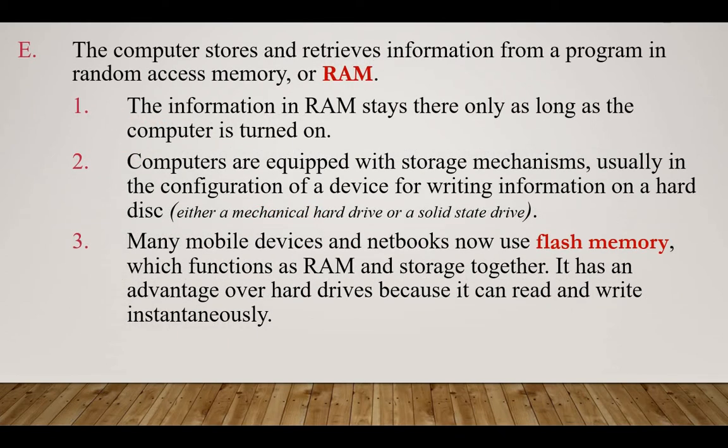The computer stores and retrieves information from a program in random access memory. That's called RAM for short. The information in RAM stays there only as long as the computer is turned on. So this is the stuff that does not help the computer to turn on, and it knows those processes automatically.